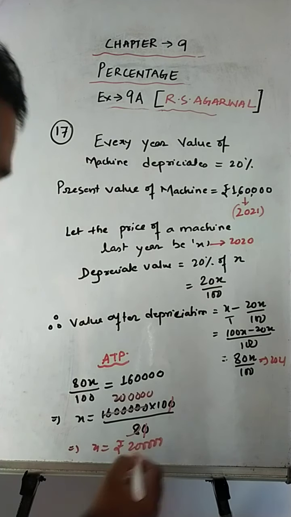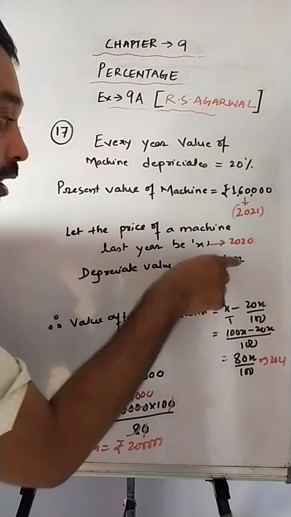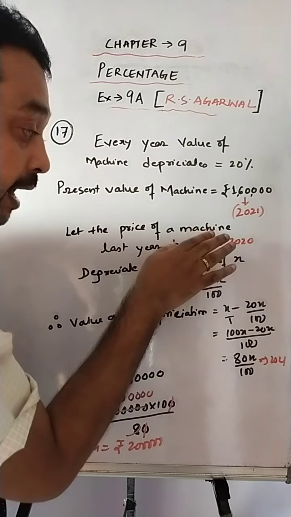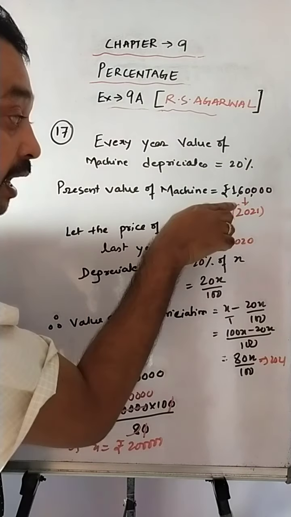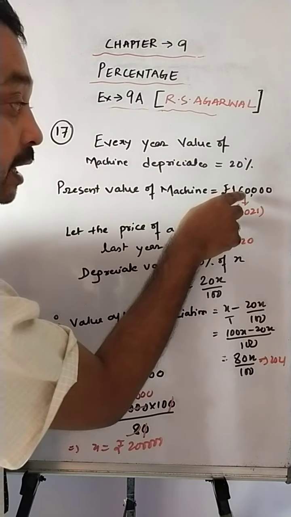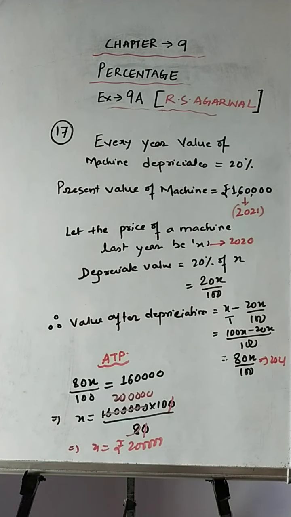That means the price of the machine in the year 2020 was 2 lakh, and after depreciation in the year the price of the machine became 1,60,000. Understood? This is the solution of question number 17.